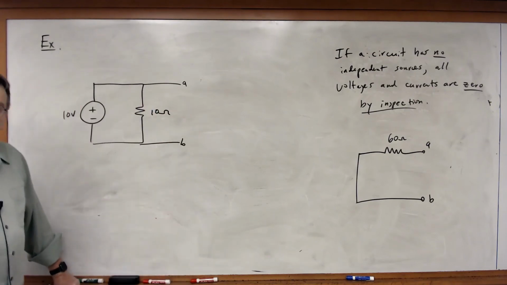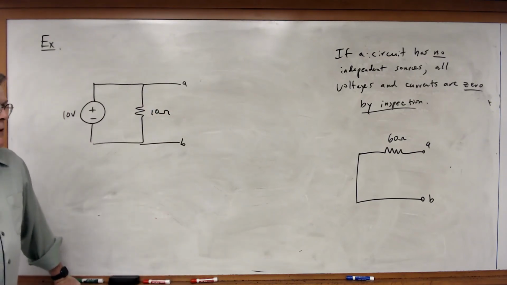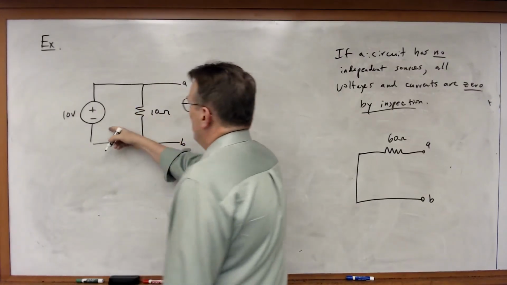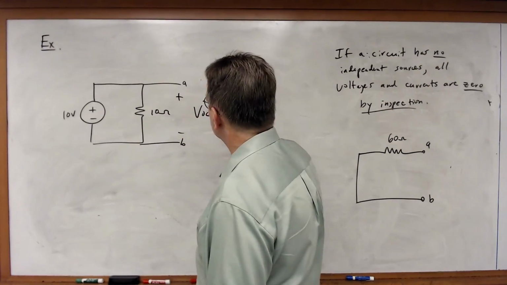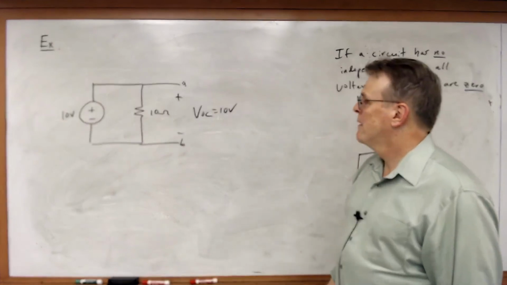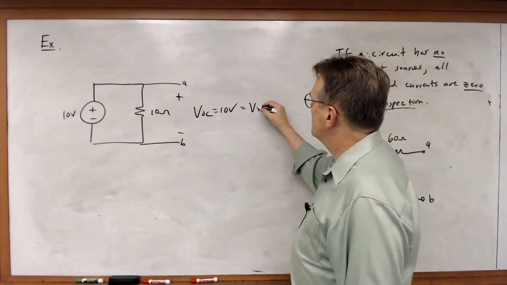And I asked you what the Thevenin equivalent voltage and Thevenin equivalent resistance were. In this case, the Thevenin equivalent voltage, VOC, just by inspection, must be equal to 10 volts, right? Because the 10-volt source is across it. So that's equal to VTH.